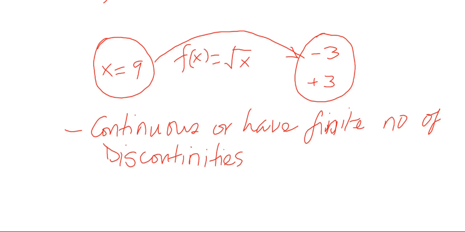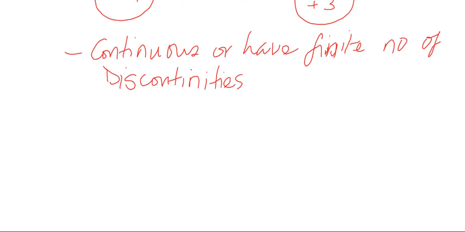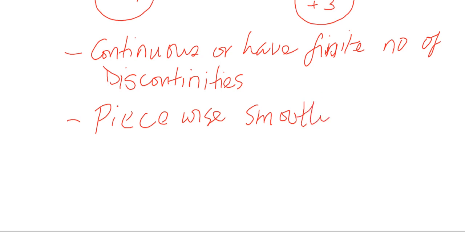But in particular, we say that functions need to be continuous or have a finite number of finite discontinuities. That is one of the conditions that is required. The function also needs to be piecewise smooth. And by a smooth function, we mean a function which is differentiable. The word smooth in functions means that the function is differentiable.